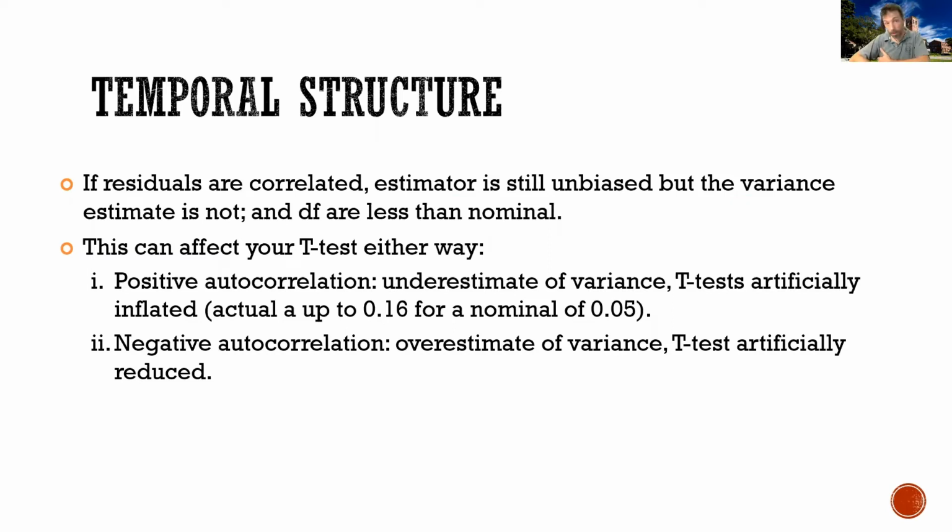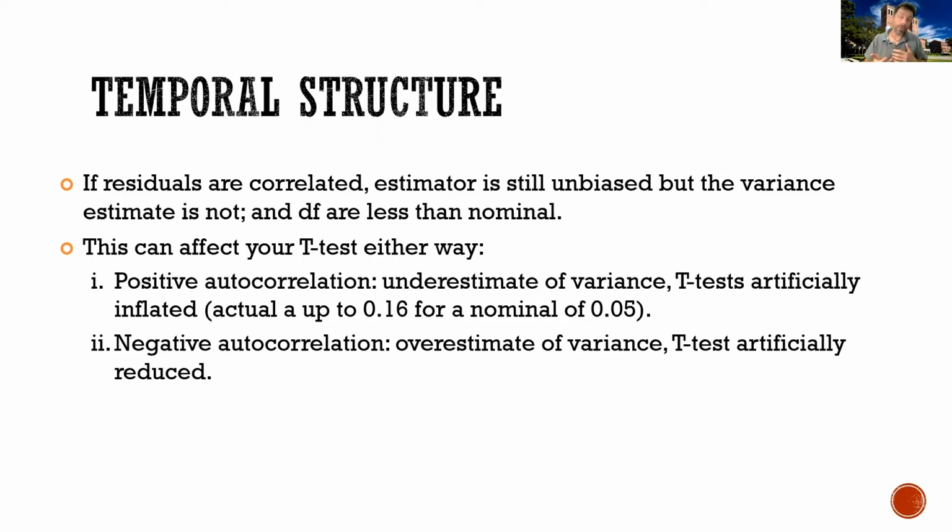Now, the problem with autocorrelated residuals is that the estimator itself, the beta, remains unbiased. What changes is that the variance estimate becomes biased. And on top of that, your actual degrees of freedom are less than the nominal ones.